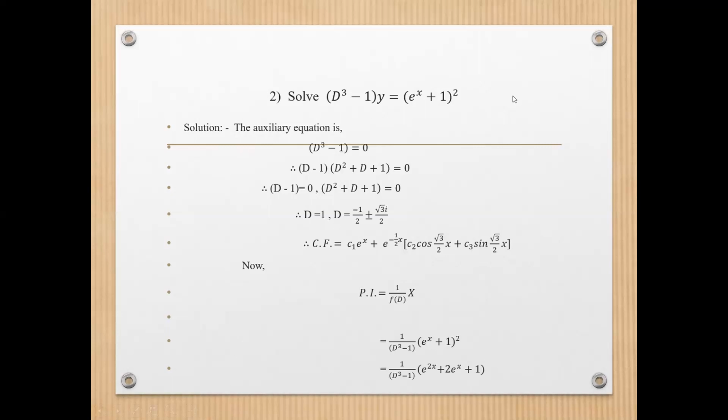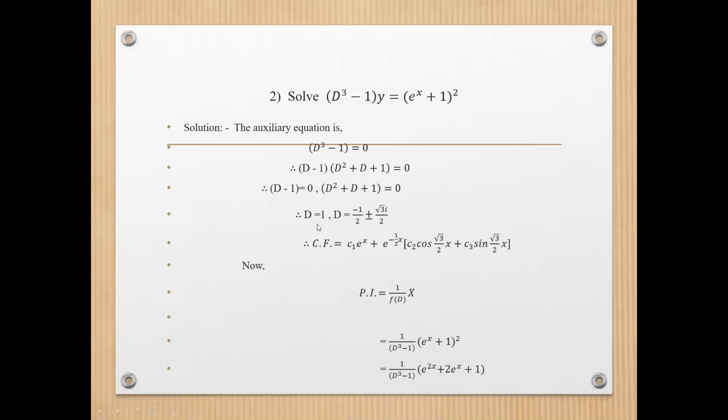If we square this bracket, e raised to x plus 1 whole square is equal to e raised to 2x plus 2 e raised to x plus 1. So the form of this bracket is e raised to x, and this problem belongs to type number 1.